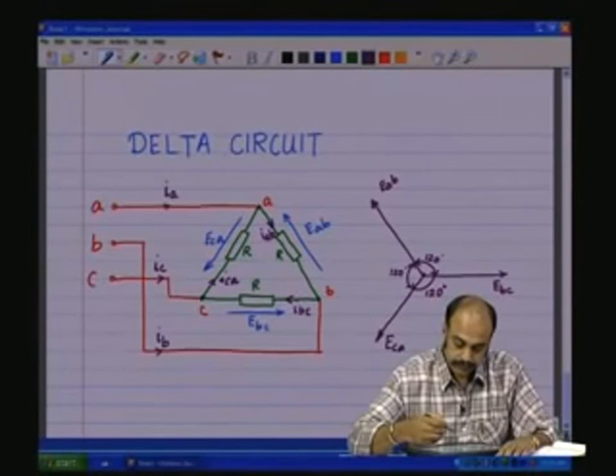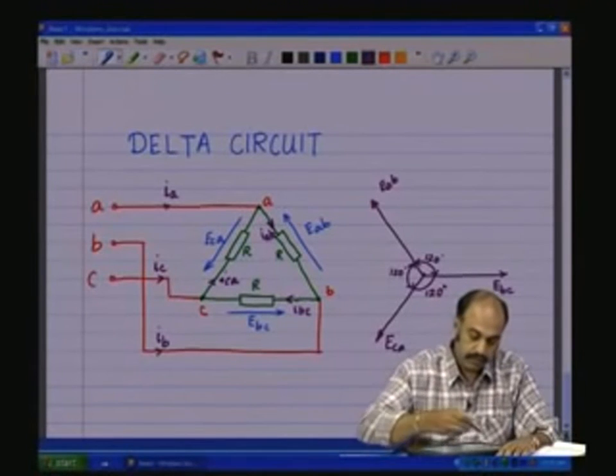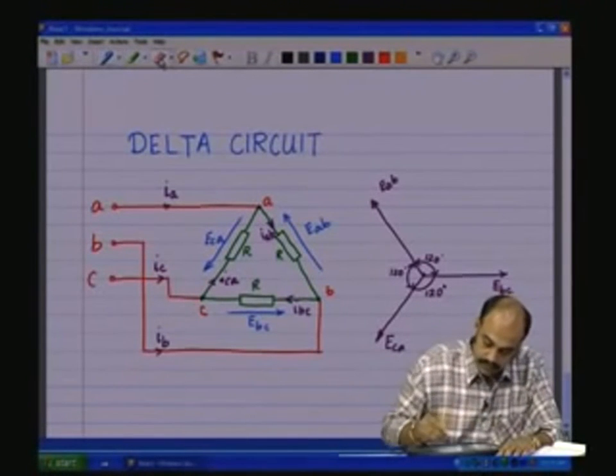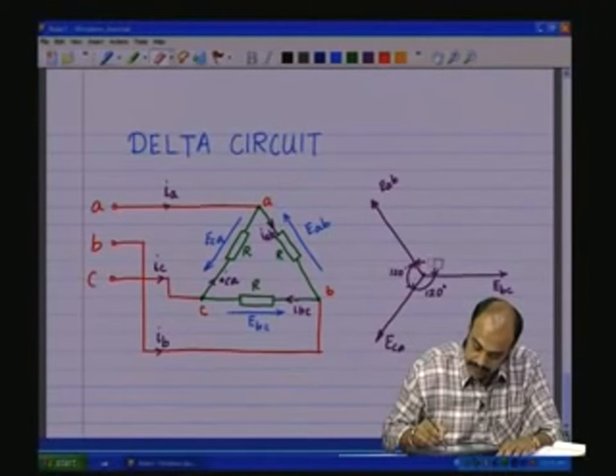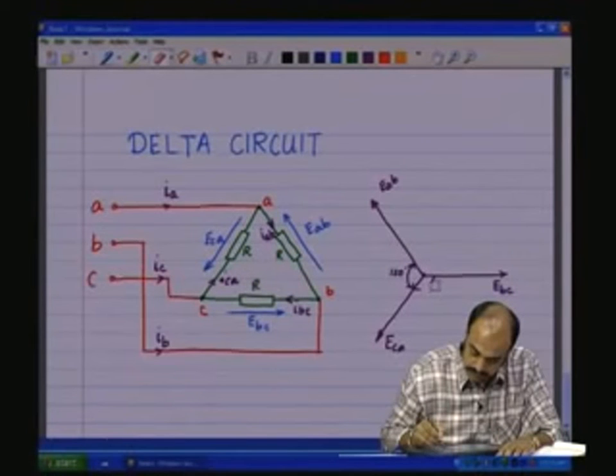Now, all are resistive loads. So, as all are resistive loads, the currents will be in phase with the respective phase voltages.